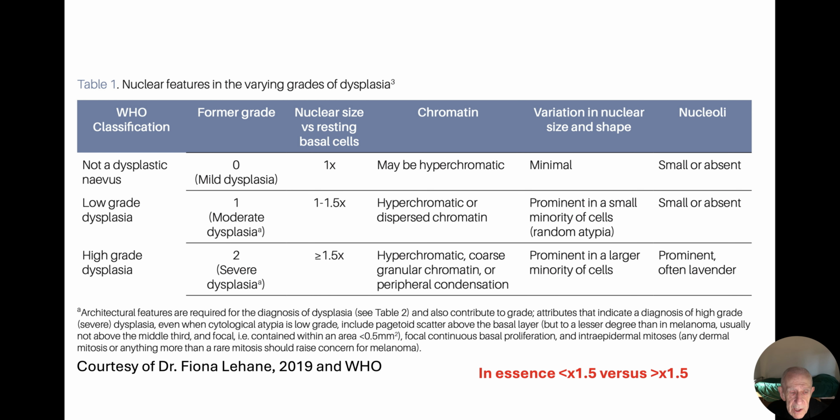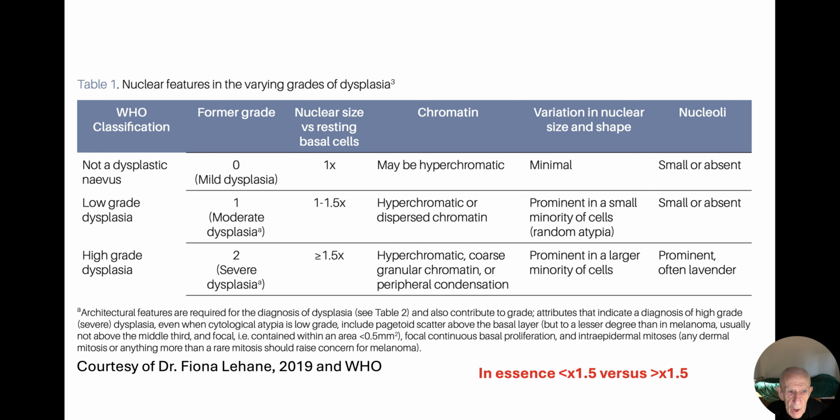But the trouble is, if you have a very typical dysplastic nevus with wonderful architectural disorder and bridging and fibroplasia and so forth, if the nucleus is only one time the size of a basal keratinocyte, but the nuclei are hyperchromatic and irregular, I just don't see how you can not call that a dysplastic nevus.